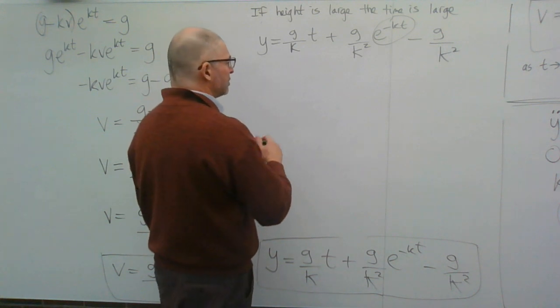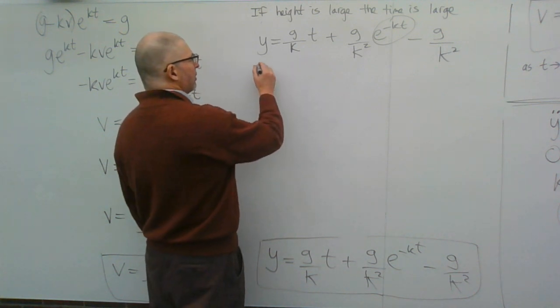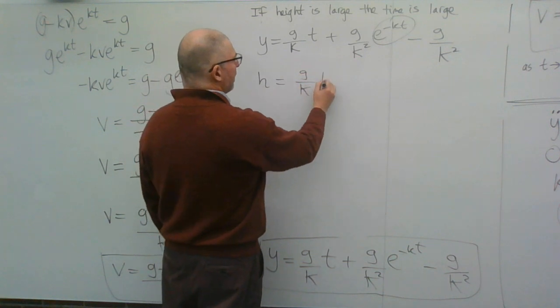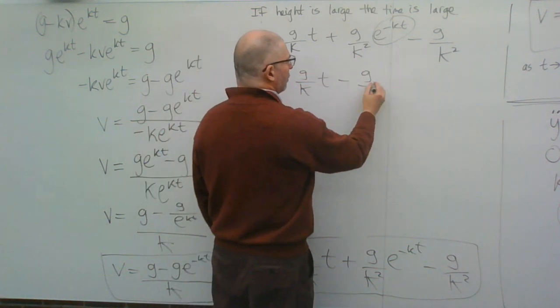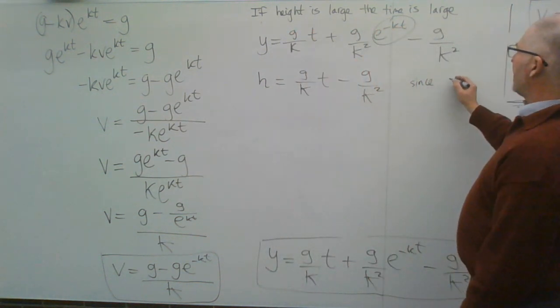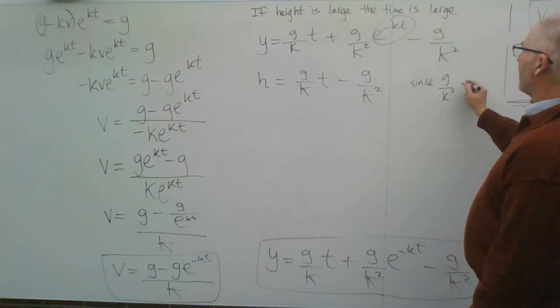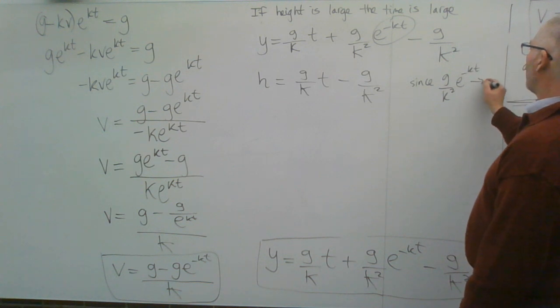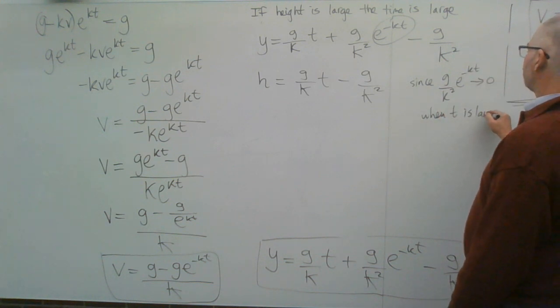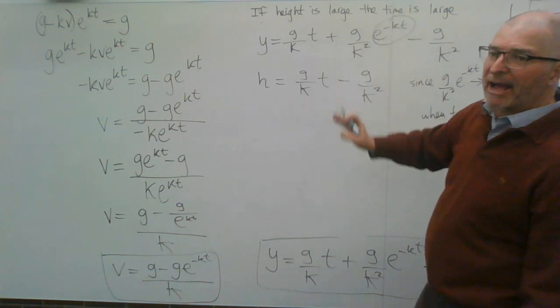So y will be h, and that'll be g on k t minus g on k squared, since g on k squared e to the minus kt approaches 0 when t is large. And t is large if h is large.